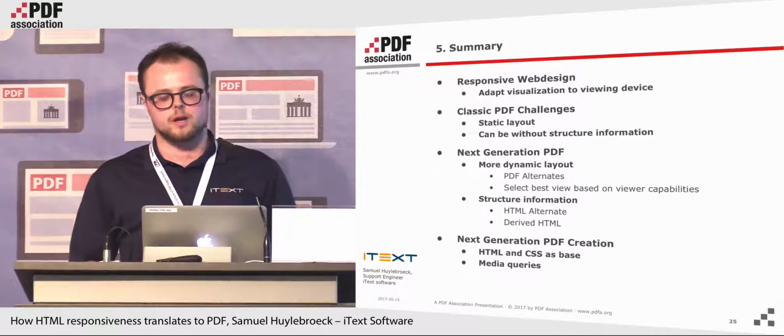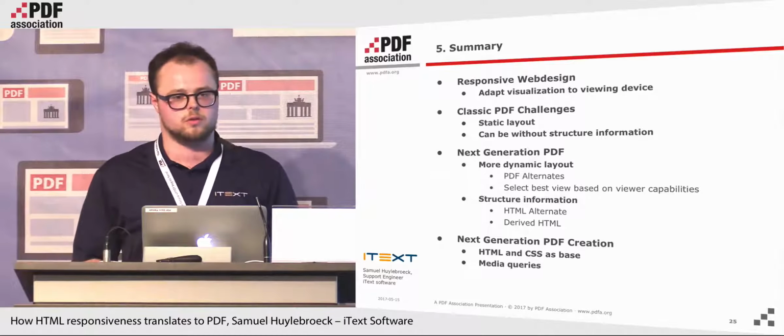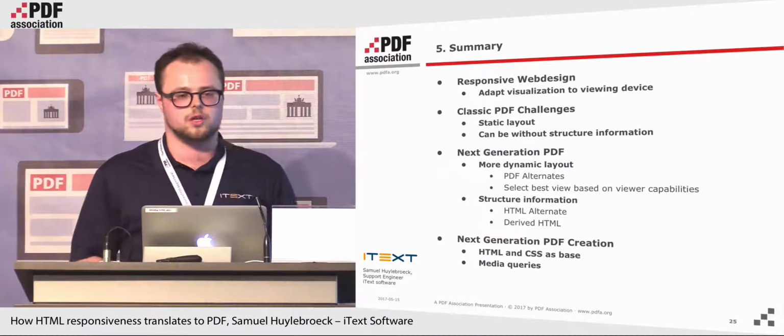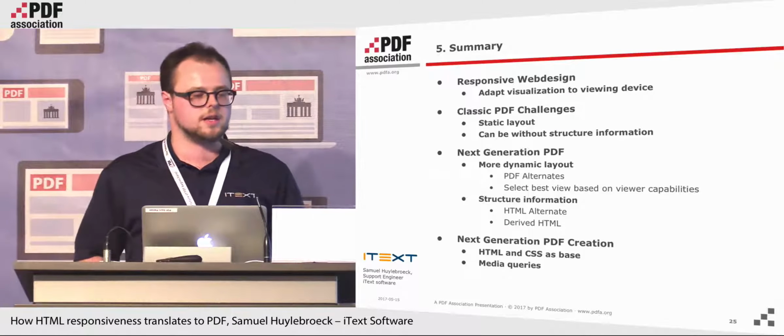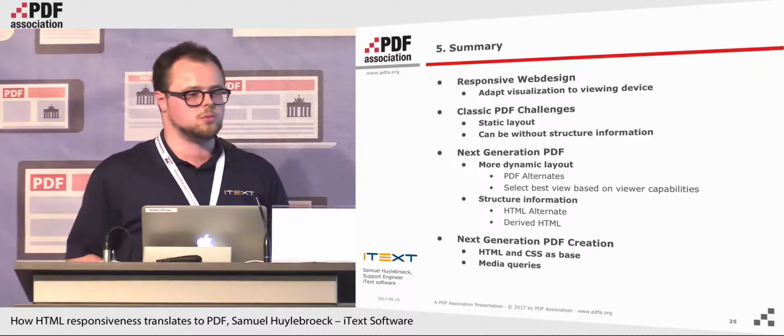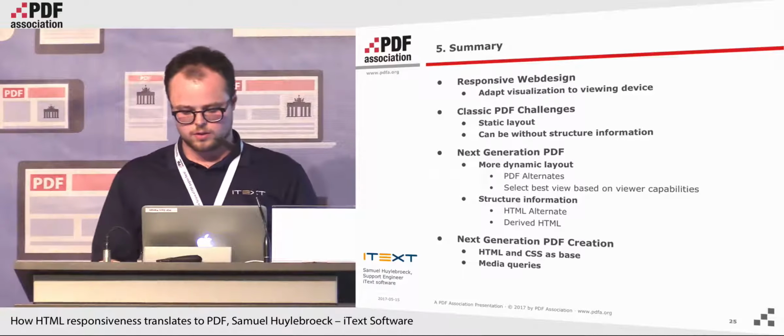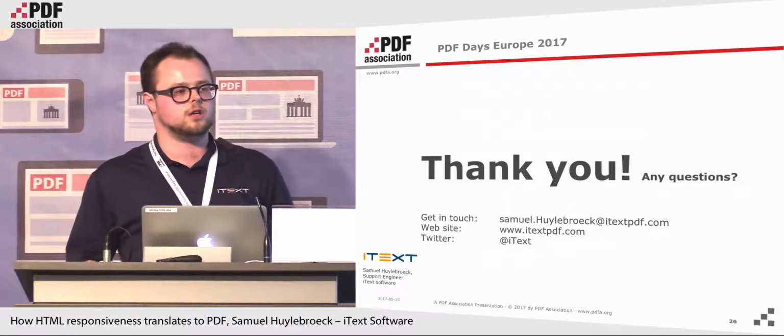And then we ended with a short demonstration of how a next generation PDF could possibly be created using HTML and CSS as the basis by using a tool that supports media queries. Thank you. Are there any questions?